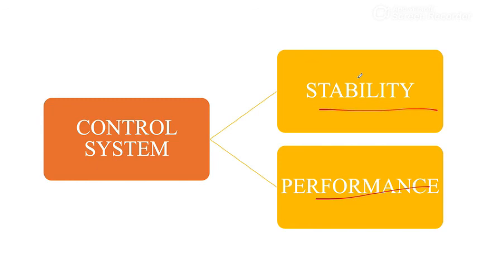If my car is able to take a turn faster and more accurately, then I would say that my steering system is performing better for that particular car. Okay, so we would use notions like these to come up with parameters that can quantify the performance of a dynamic system. So these are the concepts that give us a big picture view of what we are going to learn in this particular course.